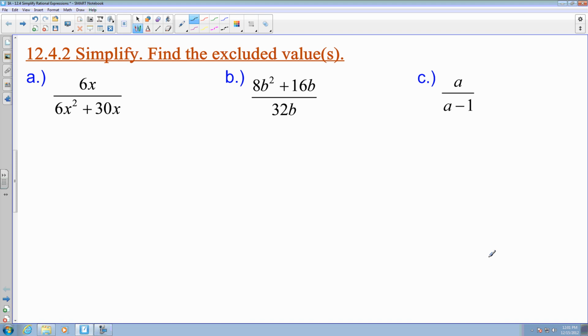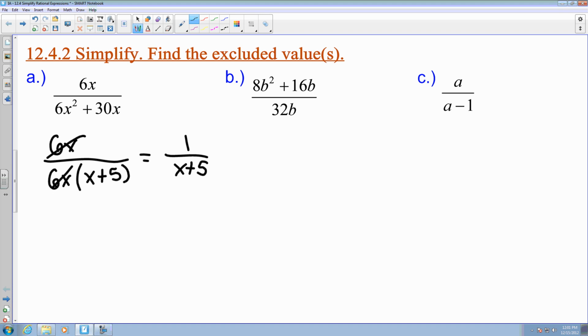In the numerator, I can factor a 6x out of both terms, which leaves me with x plus 5, because if I distribute that 6x, it would bring me back to the original expression. Since I have 6x in the numerator and 6x in the denominator, those cancel and leave me with 1 divided by x plus 5.